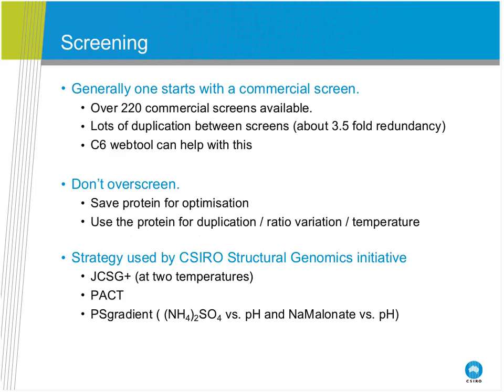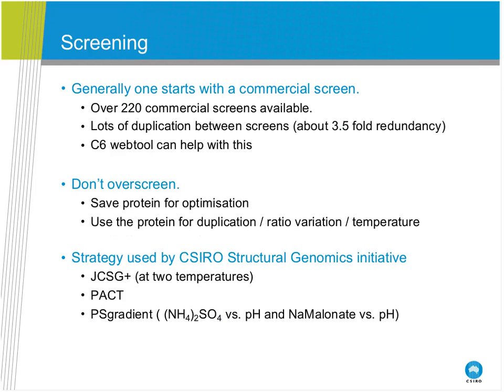And screening is actually very easy to overdo because there's a lot of tools out there to make it easy. There are over 220 commercial screens available from about 7 different vendors. Most of these are initial screens. And so you could sit there and just screen all day. There's a couple of things which will limit how much you screen.